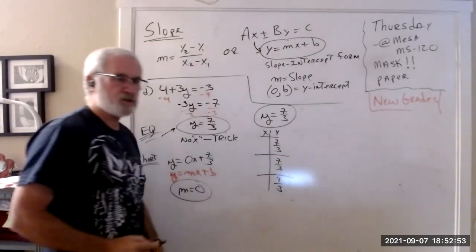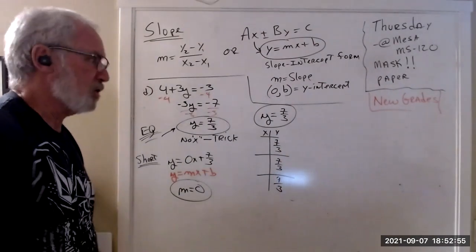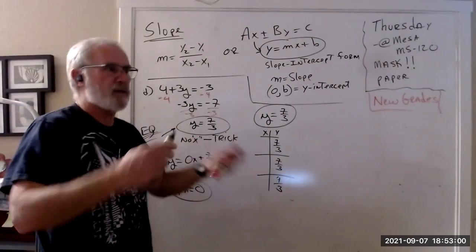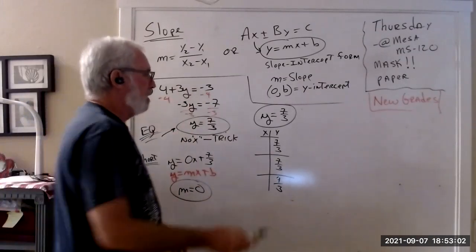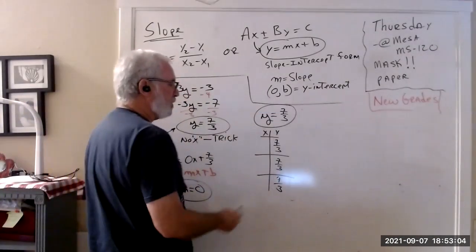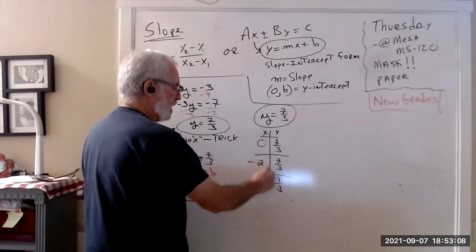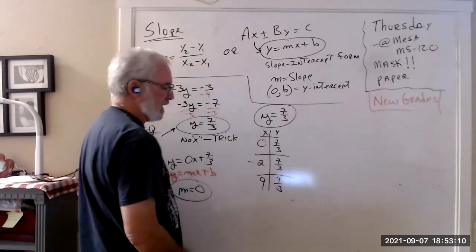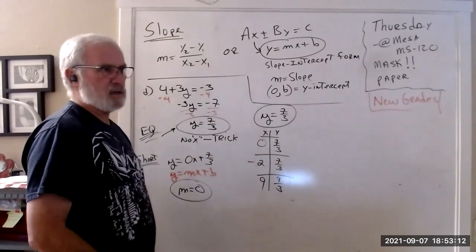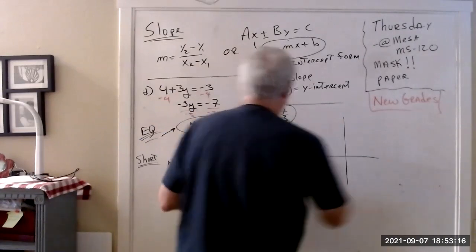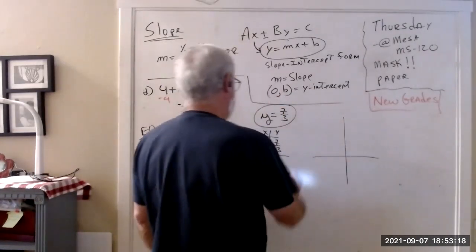Y is stuck at 7/3. You can't change it. In all the other tables with x and y, they always change, but y is stuck at 7/3, and x can be anything. It can be 0, it can be -2, it can be 9, whatever you want. So if you plot those points, 0, 7/3, well, what is 7/3?